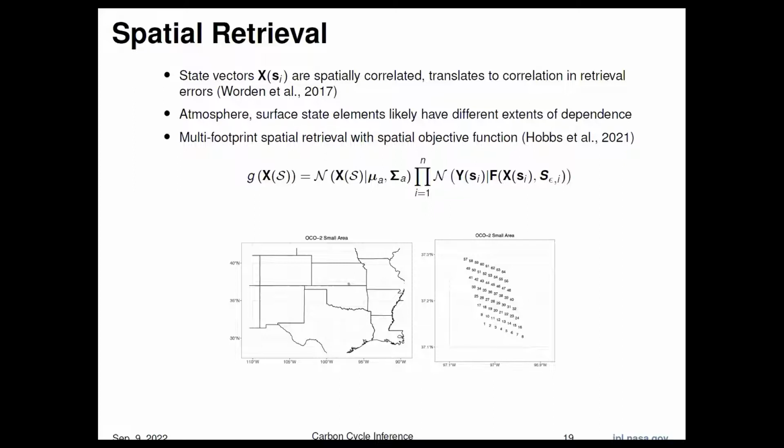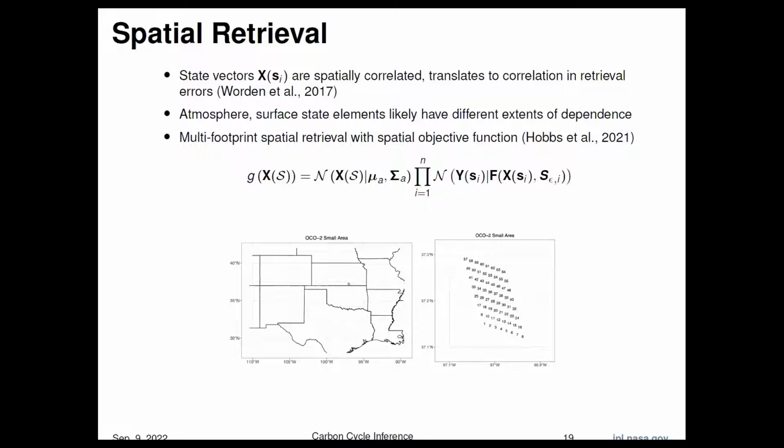This work led to a paper in the journal Remote Sensing that came out last year. Basically, the idea comes down to a modification of the statistical model, where instead of considering a single footprint at a time, we represent the spatial dependence by having a joint model for the state that encapsulates spatial dependence as well as correlation within the state vector for a single footprint.